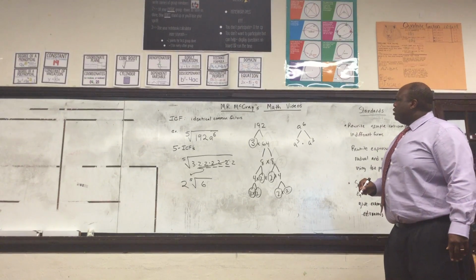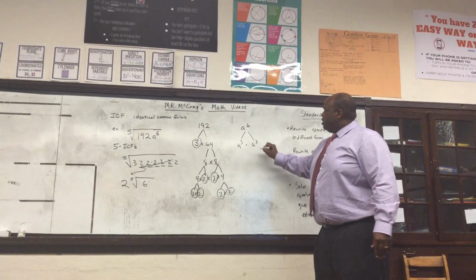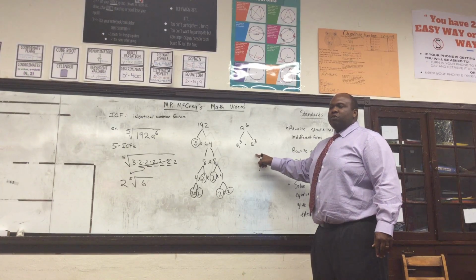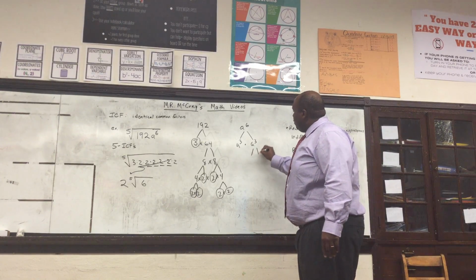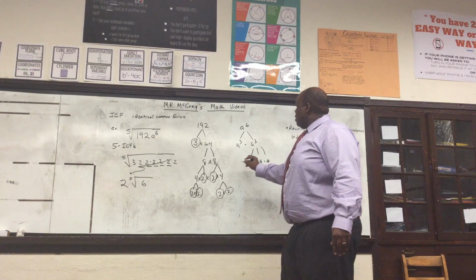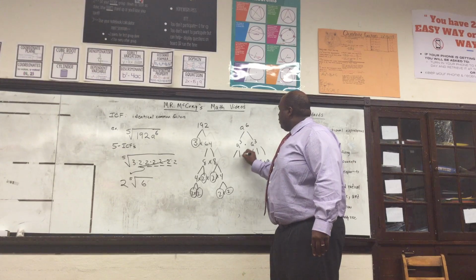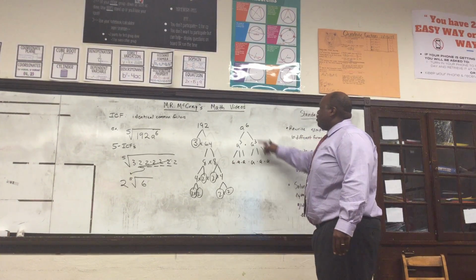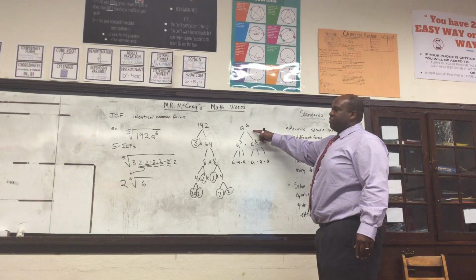Okay? So that will give us a to the 6th. Then from here, I know that a to the 3rd, there's 3 a's to be an a to the 3rd. So I'm going to go a times a times a. Same thing here. A times a times a. So all of a sudden now, I have 6 a's to represent a to the 6th.